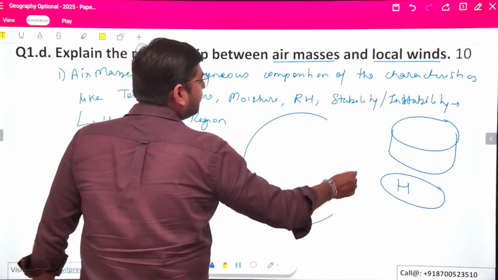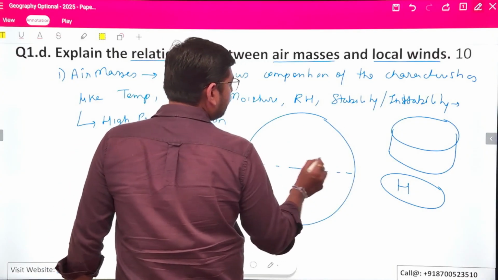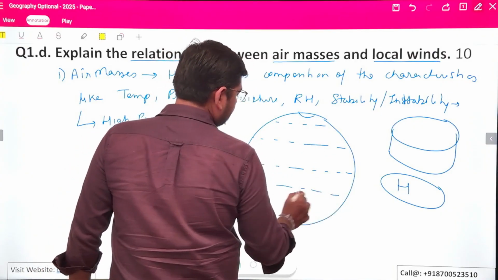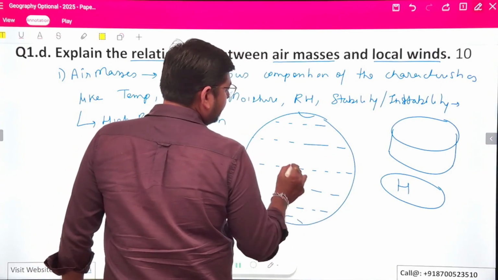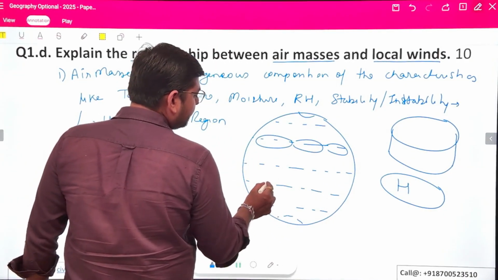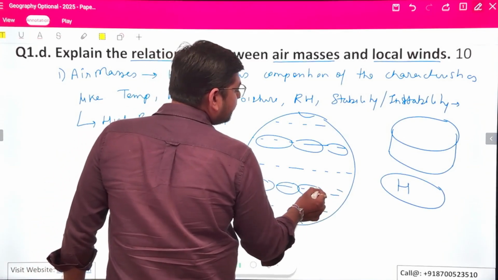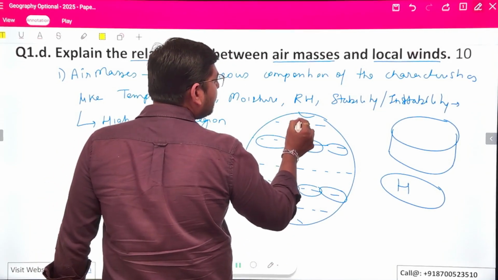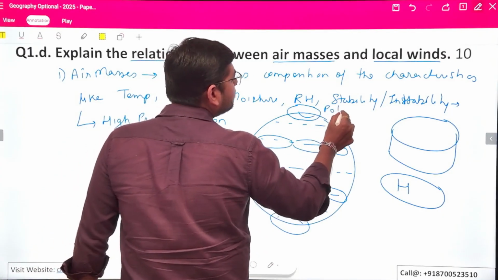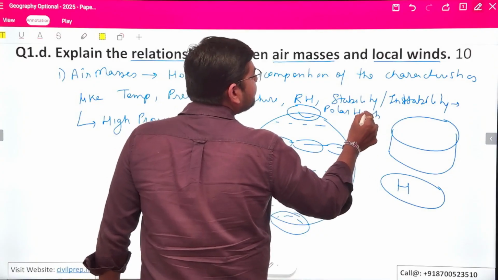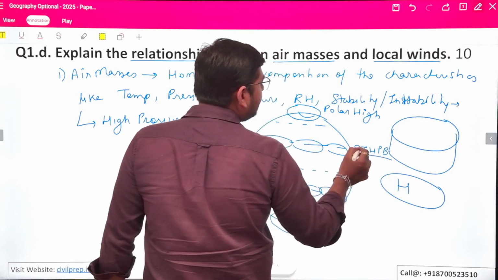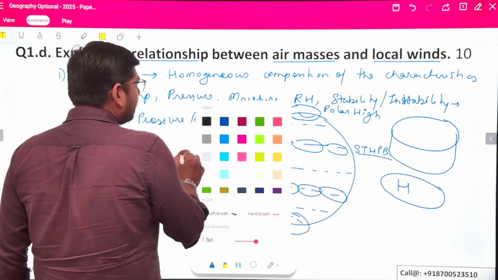For example, if I draw a world map, this is one zone of high pressure region of the world, and this is another zone of high pressure region in the subtropical region, and another zone of high pressure is this polar high, and this is the subtropical high pressure. So in these regions we see the development of these air masses.